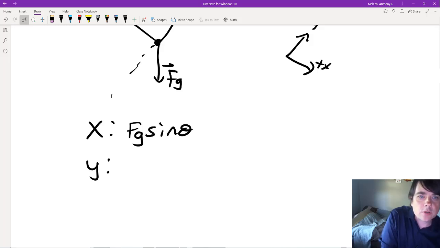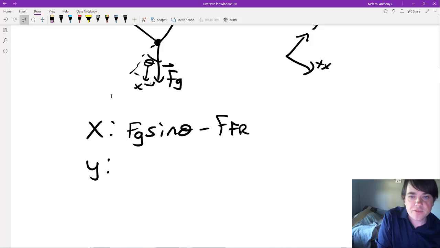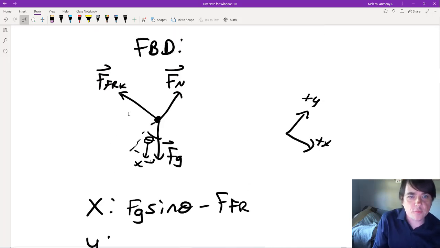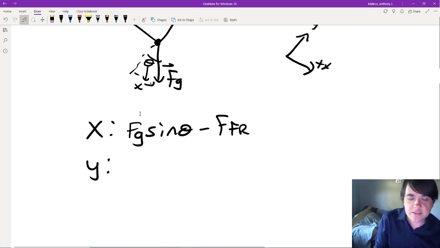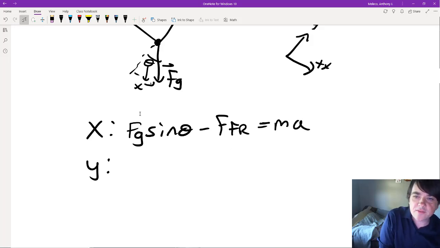Remember, here's our angle, the opposite side right there is the x, so we'll want to use sine for that. If you're still struggling with that, watch the inclined plane video. We want to do minus the force of friction because that's pointing opposite, and this will be equal to mass of the skier times acceleration.